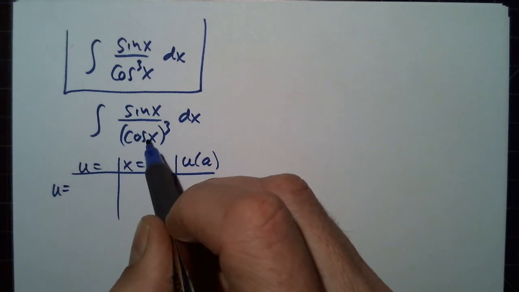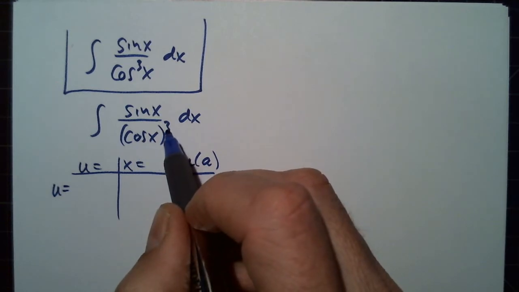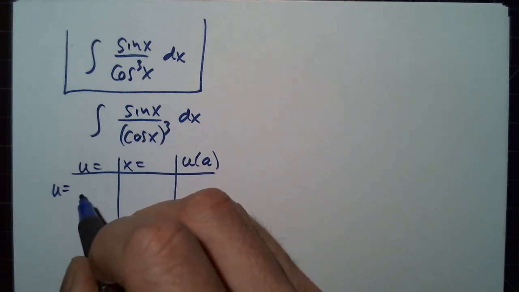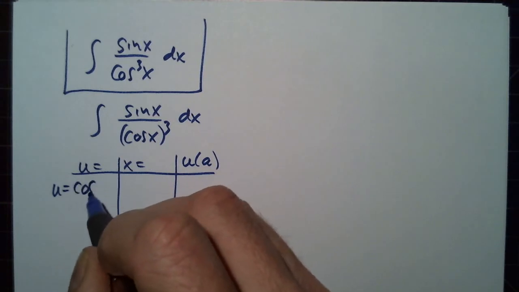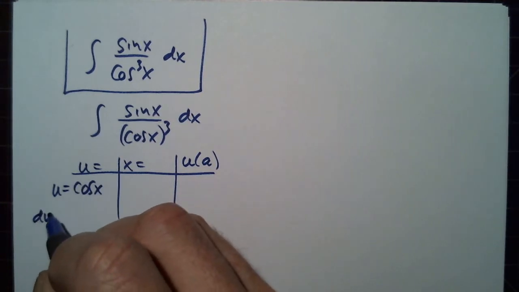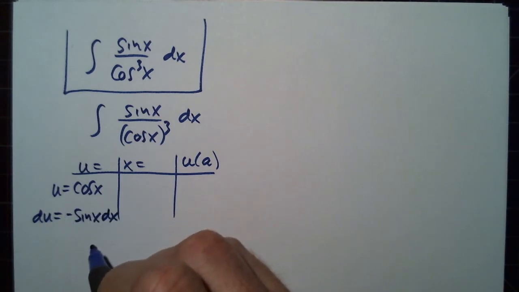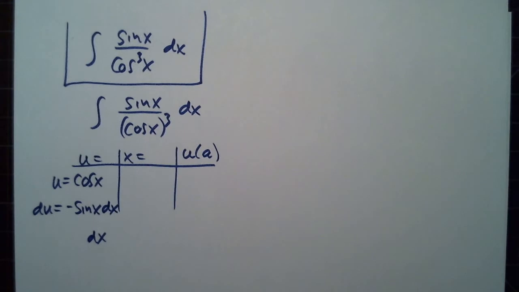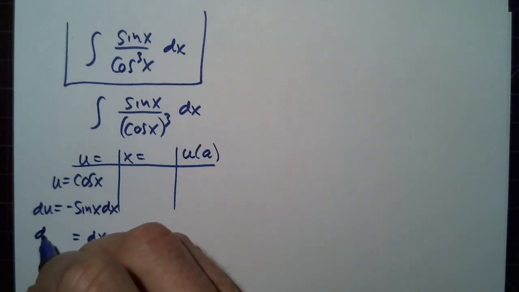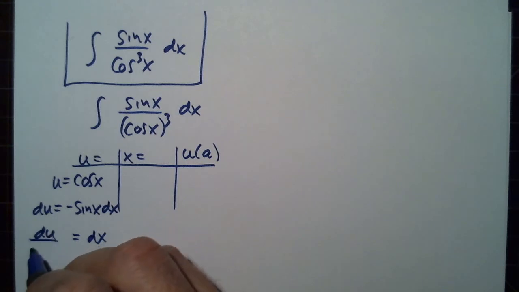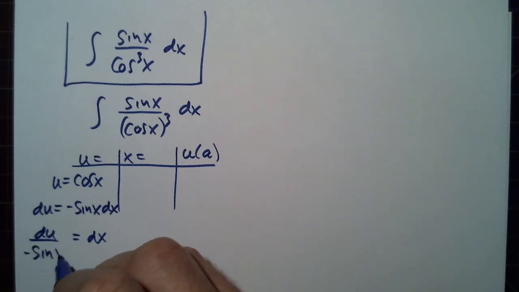So if we have cosine being the inside, cubed is the outside, we have u equals cosine. du equals negative sine dx. So the differential of x is the differential of u over negative sine x.